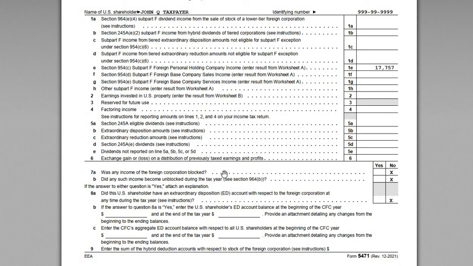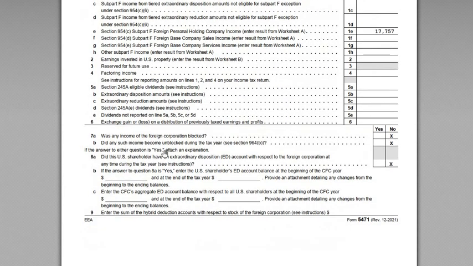If that's the case, if the foreign country is actually blocking the income, then you can treat the subpart F income as blocked, which means it doesn't actually get passed through to you. The logic being, this is really beyond your control, so why should you have income passing through to you if the foreign corporation's income is actually blocked?